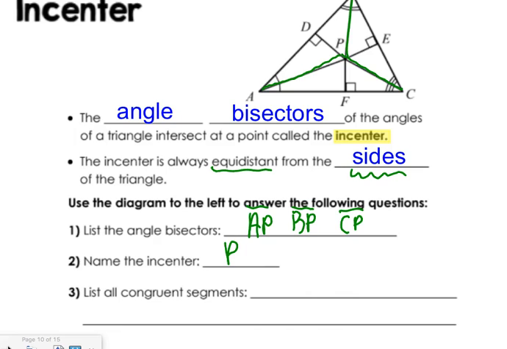Okay, and then what are all of our congruent segments? DP, PE, PF. You guys agree? That's this part right here? Yep, good work. So DP is congruent to PE, which is congruent to PF. Beautiful. Can we say that the two side ones are equal?